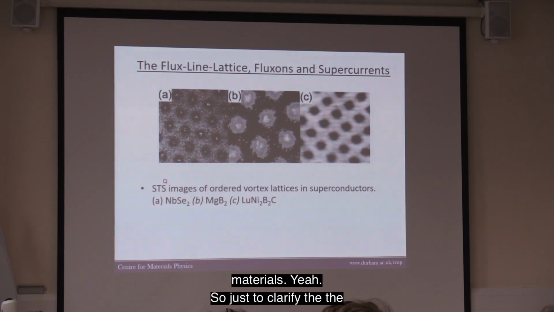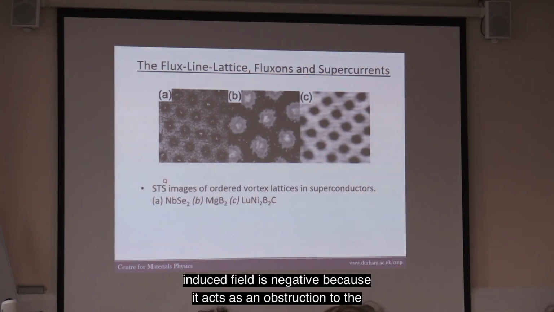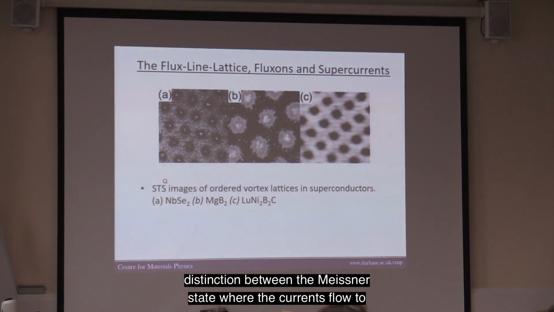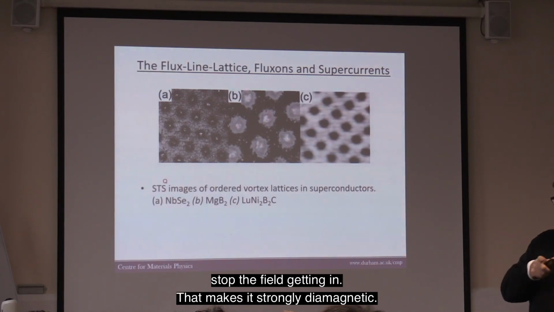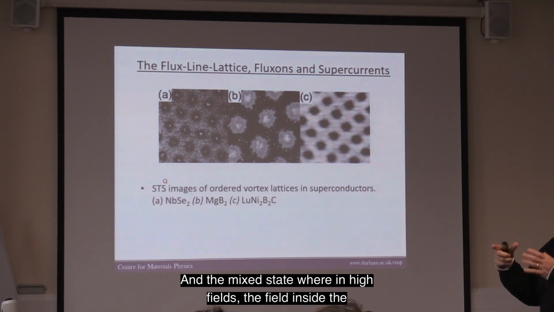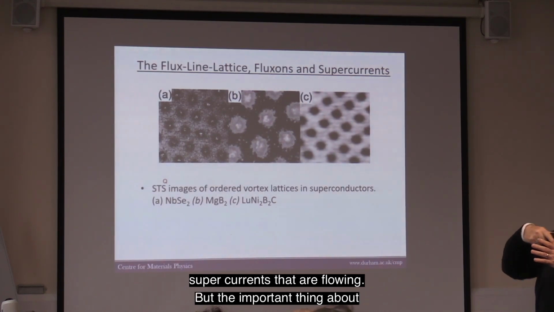Yeah. So just to clarify, the induced field is negative because it acts in the opposite direction to the applied field. Okay. So we need a very clear distinction between the Meissner state, where the currents flow to stop the field getting in, that makes it strongly diamagnetic, and the mixed state, where in high fields the field inside the superconductor is slightly less than the applied field because of the supercurrents that are flowing.